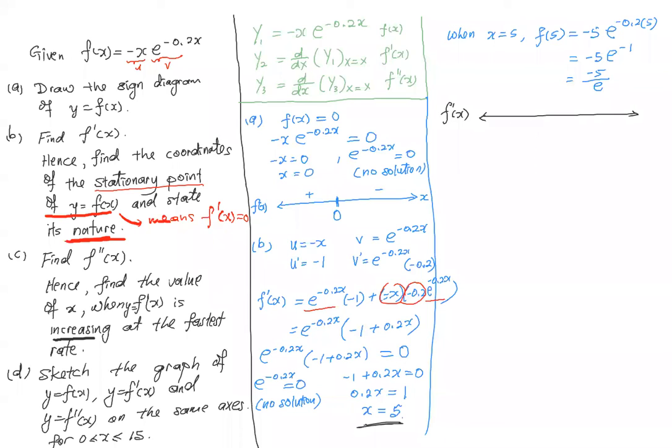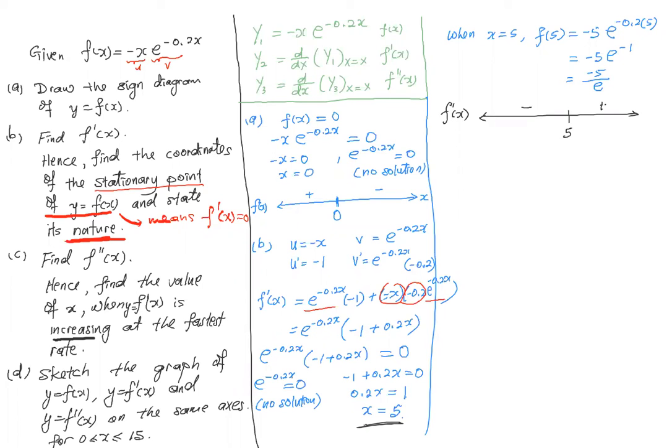So we mark it down. Then we use our graphic calculator to help us to get the sign. So for this one, this is negative, and this part is positive.